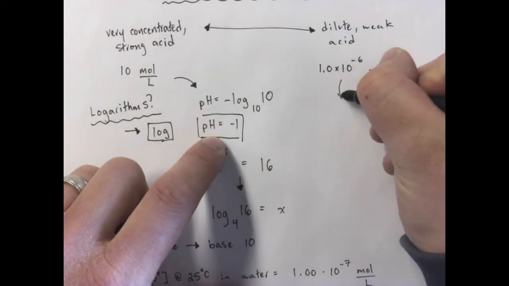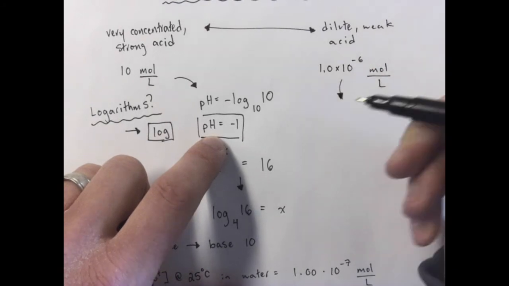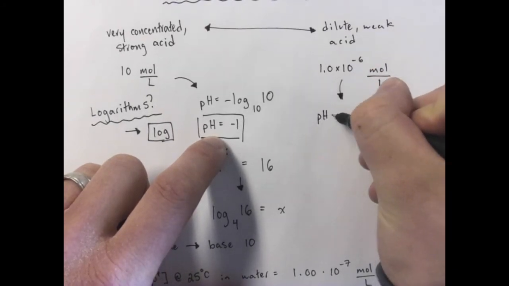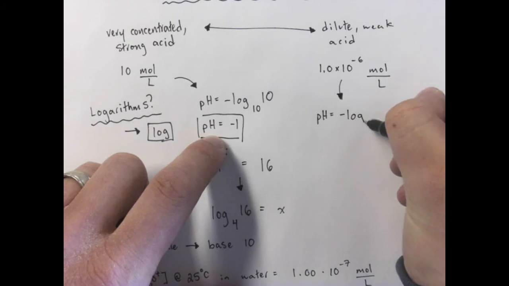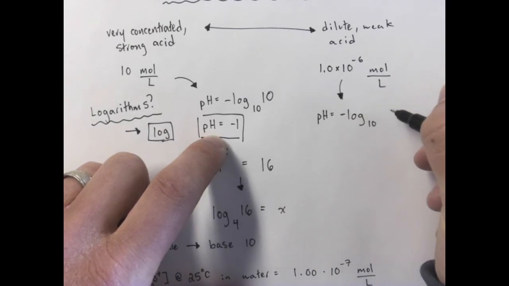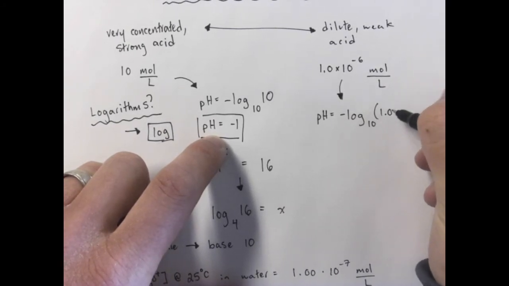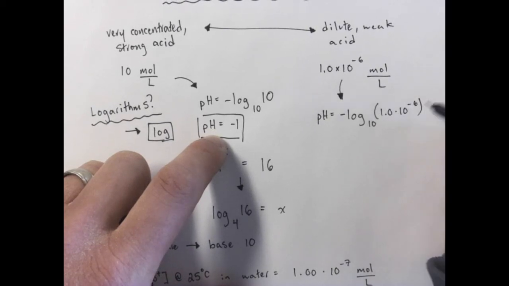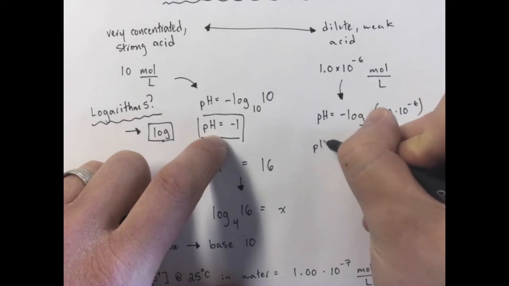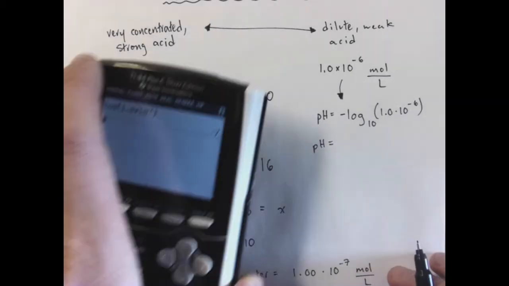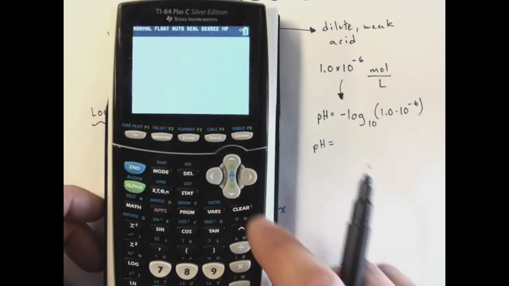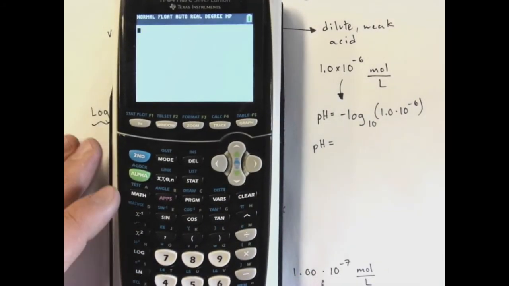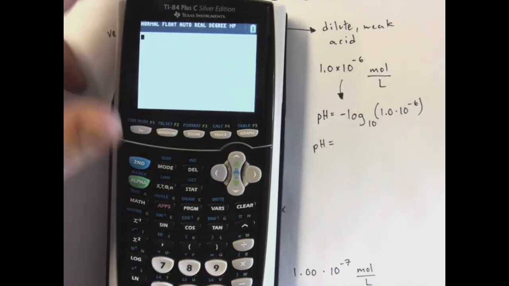What about this one here? If I take the pH of this, I take the negative logarithm, base 10, of the hydronium concentration. So once again, you can put this in your calculator, but if we want to throw the negative in, you need to make sure you press the negative sign.